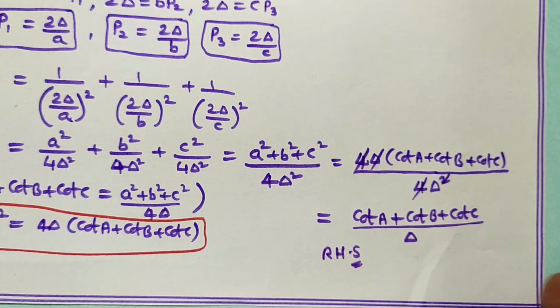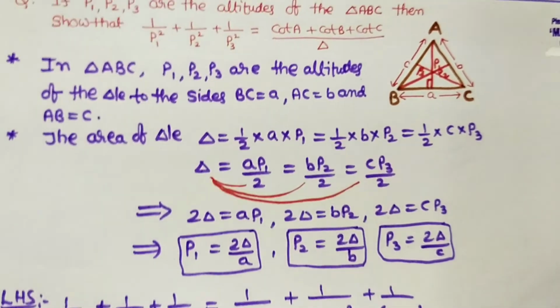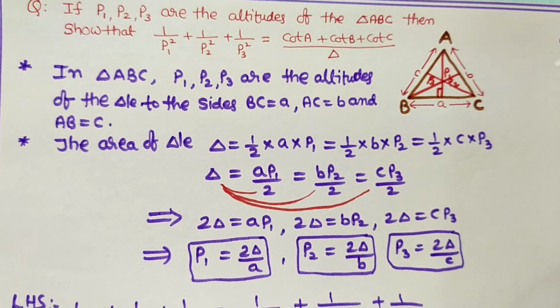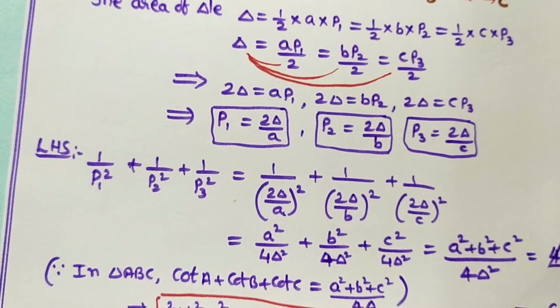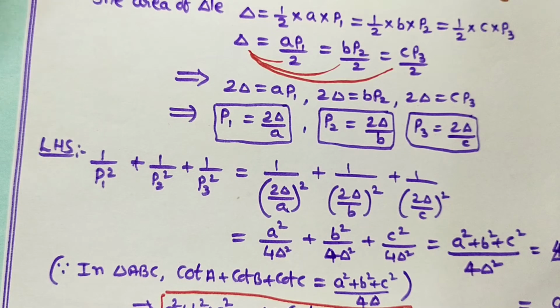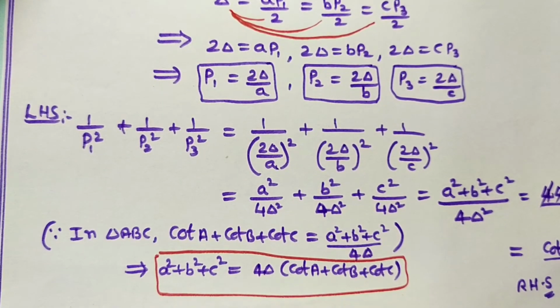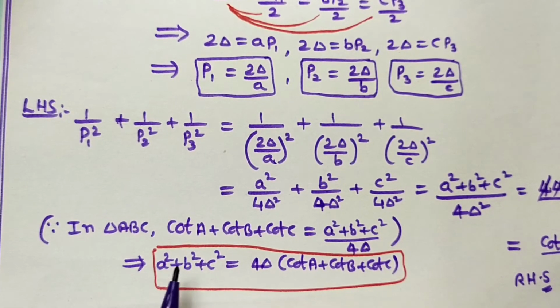They are asking to prove this result. See here, I will show once again. See, this is the question. Once you go through, this is the known formula we proved in the previous sessions.